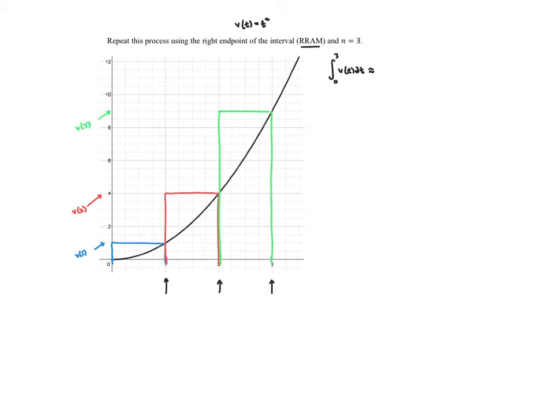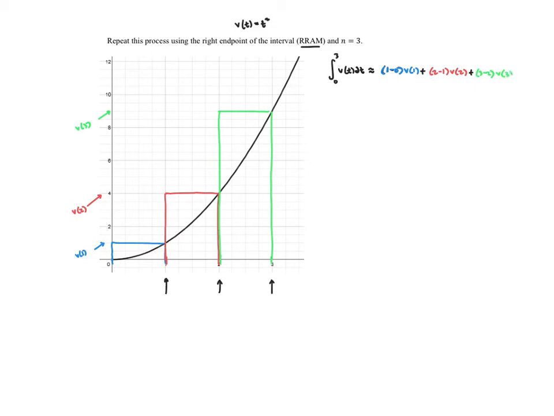To approximate the area under the curve, we take the width, 1 minus 0, times v of 1, plus 2 minus 1 times v of 2, plus 3 minus 2 times v of 3.